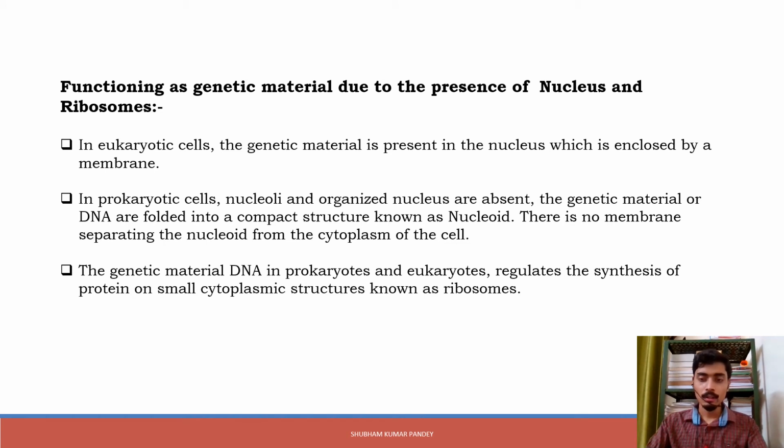Now DNA also serves as a hereditary material. The characters or traits are transferred from parents to offspring with the help of DNA. So it is one of the most important functions of the cell that it serves as a hereditary unit. These are the functions of the cell as genetic material, due to the presence of the nucleus and ribosomes.